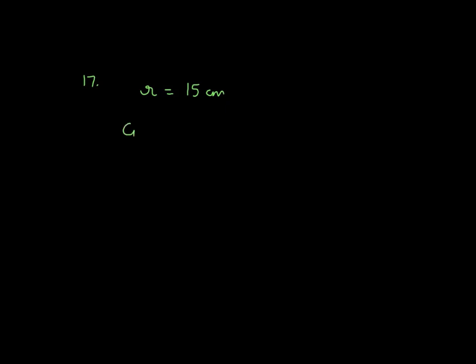The circumference is 2 pi r, that is 2 into 3.14. Here r is not a multiple of 7, so we are taking pi as 3.14. On multiplication, we'll get this as 94.2 centimeter.